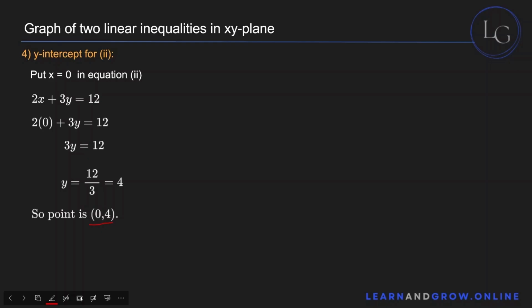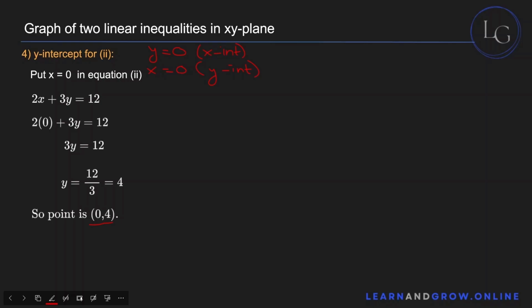Just to remind you again, I'll write this down: y is equal to 0 for x-intercept and x is equal to 0 for y-intercept. Simple. You get the x-intercept and y-intercept for the associated equations of both inequalities.